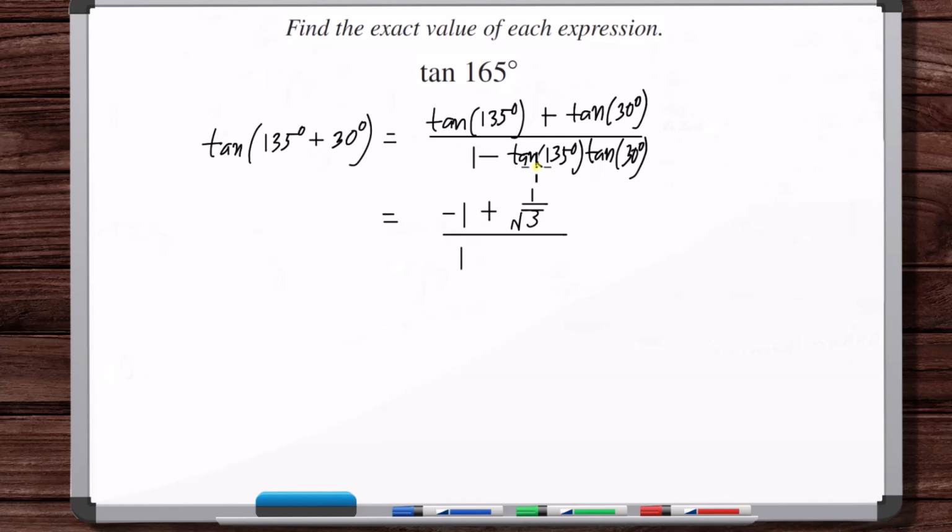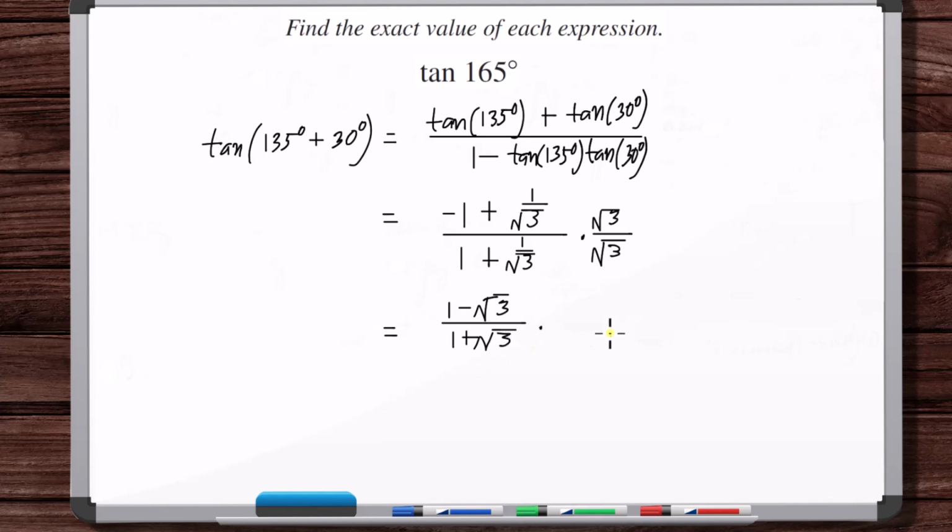Then minus 1 times 1 over root 3, so that's going to be plus 1 over root 3. Now let's multiply this by 1 in the form of root 3 over root 3. So that's going to be 1 minus root 3 over 1 plus root 3.